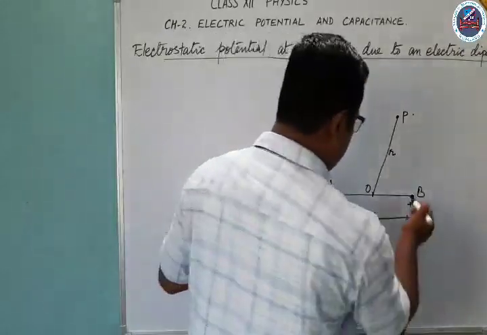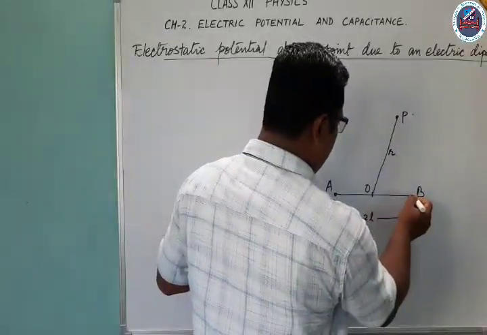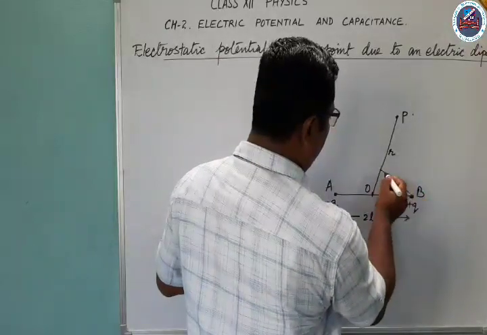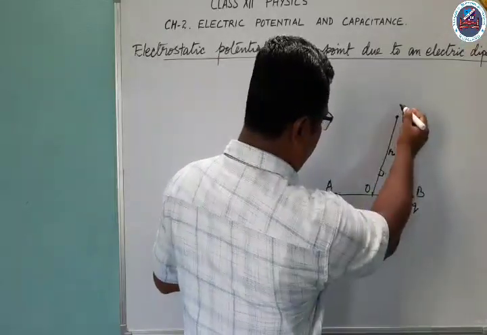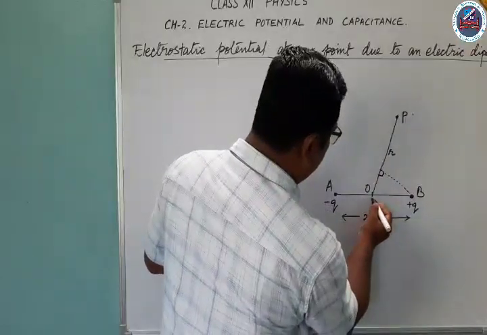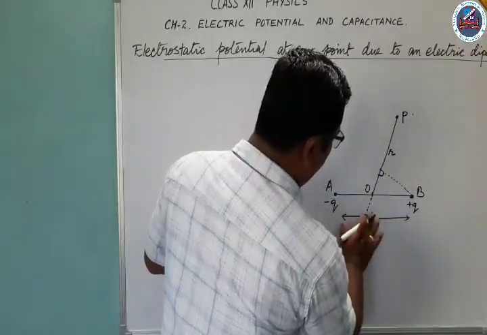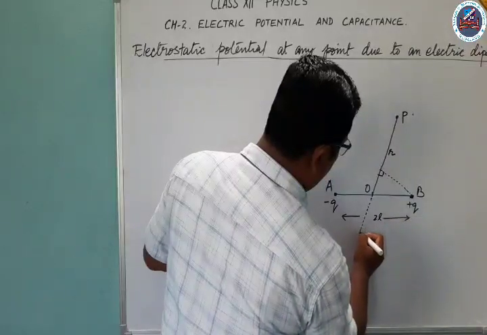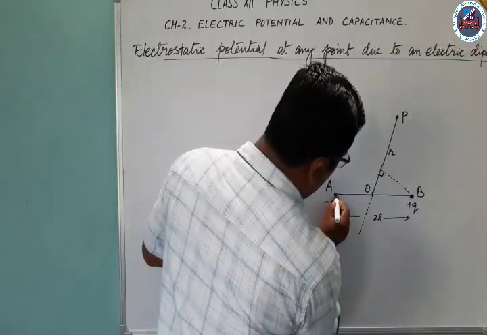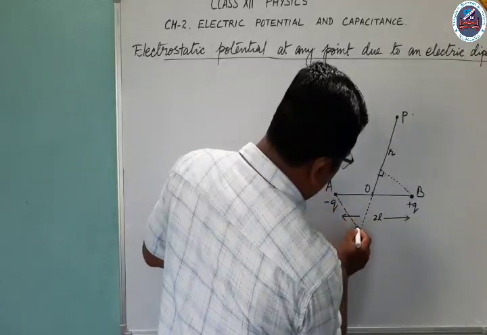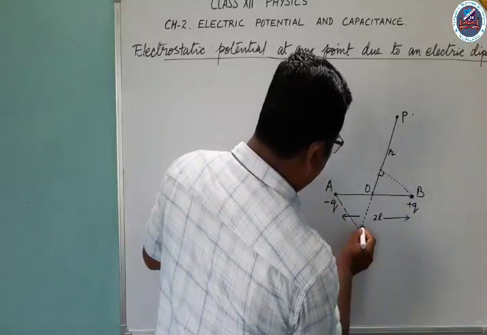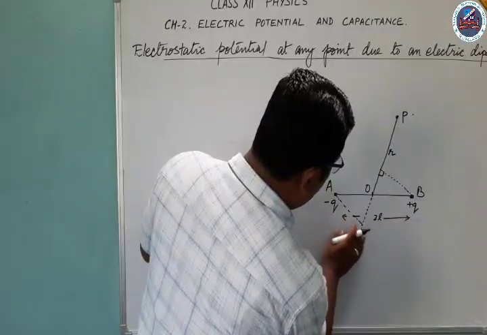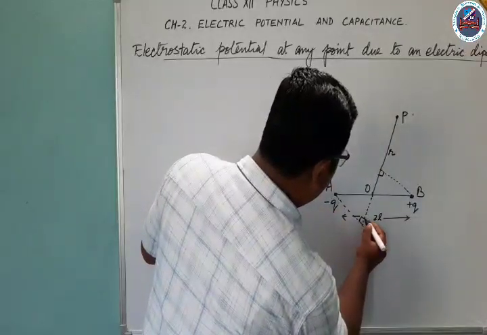Then we do a little bit of geometry. We draw a perpendicular line from B on OP, and by extending this line PO, we draw another perpendicular line on PO produced. Here it must be 90 degrees like this.